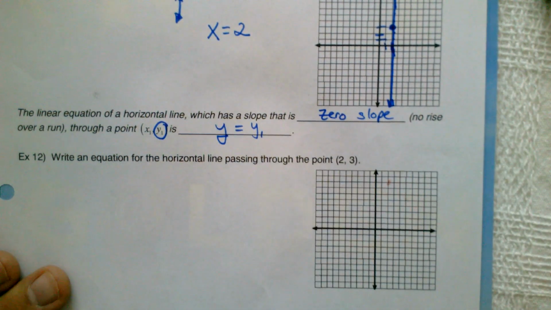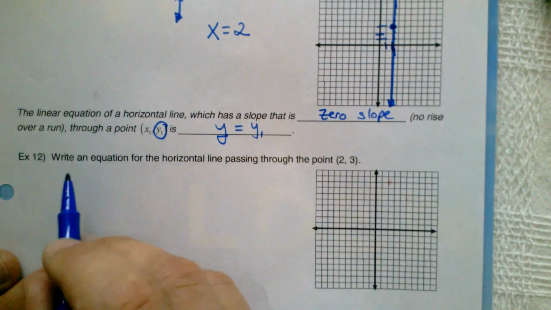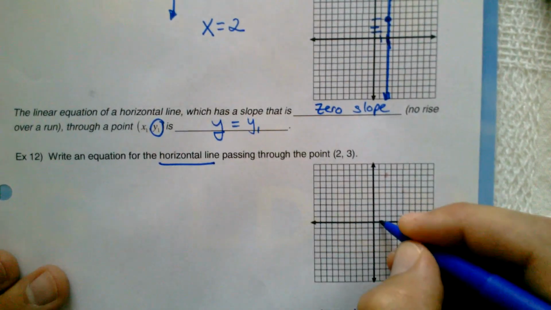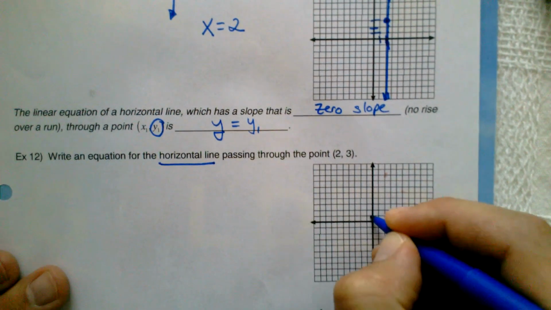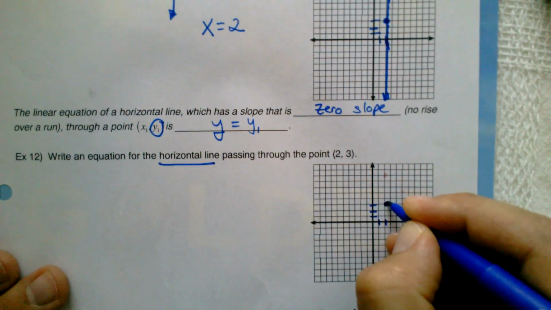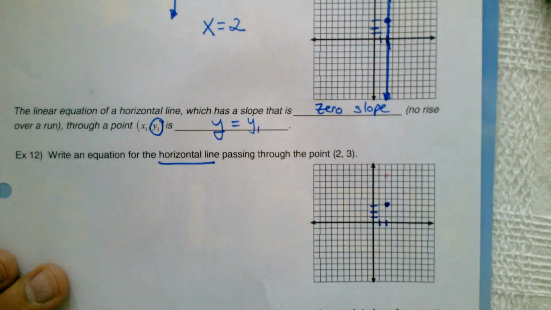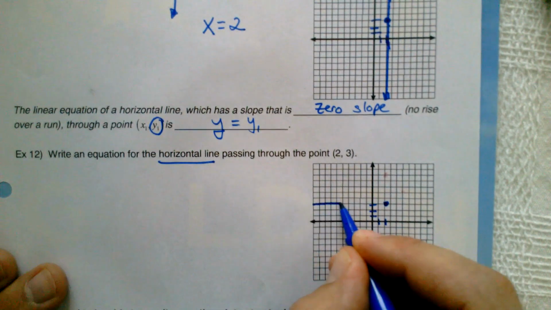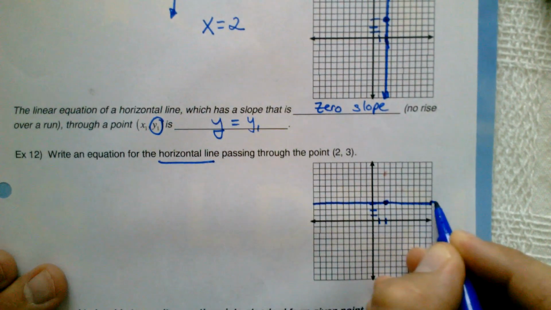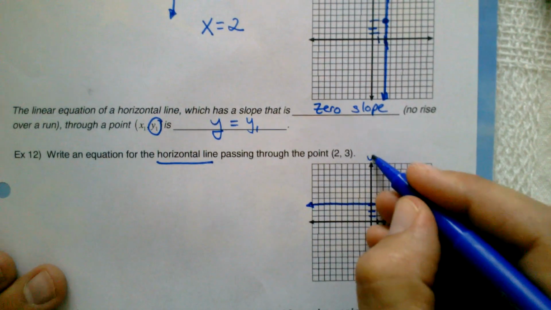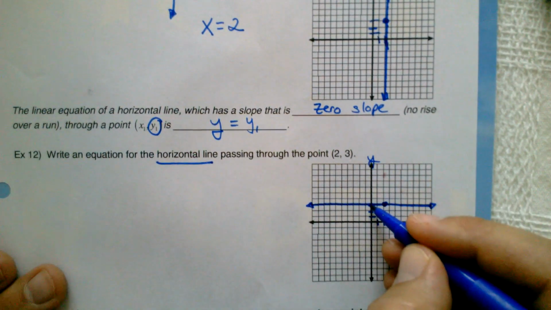Okay. So if I take that exact same point that we just had, it's a horizontal line going through point (2, 3). There's only one line that is a horizontal line through that point, and that goes straight across through that point. Now again, it crosses the y-axis at 3.